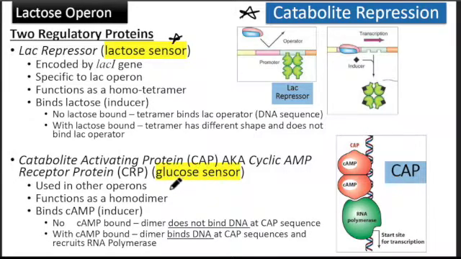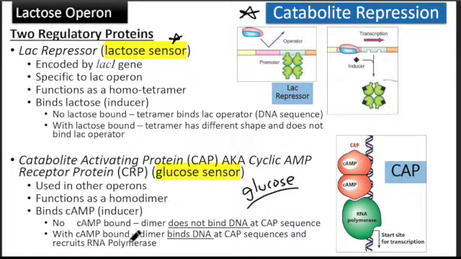So this is a global regulator that tells the cell, is there glucose present? That is particularly important because glucose is its main sugar. So by knowing if there's glucose present, that tells the cell a lot of things in terms of the metabolism it undergoes. So it's used in a lot of operons.